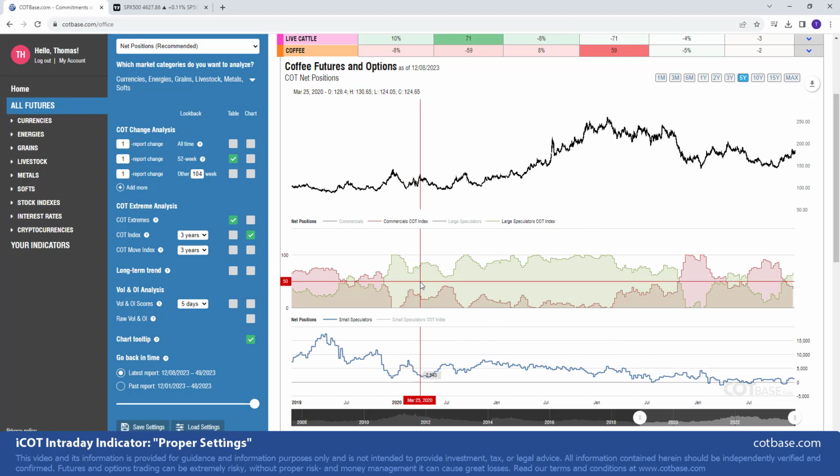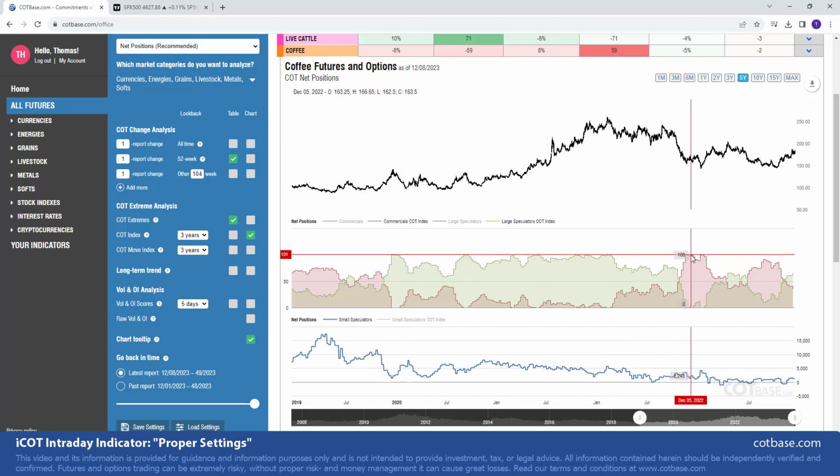And by the way, the iCOT score lines are only two. There's the green, we can call them large speculators, and the red, we can call them commercials. So as you can see, this is going between the 0 and the plus 100 levels. Okay, so these are, I'd say, limits, and at those limits you can see what can happen.